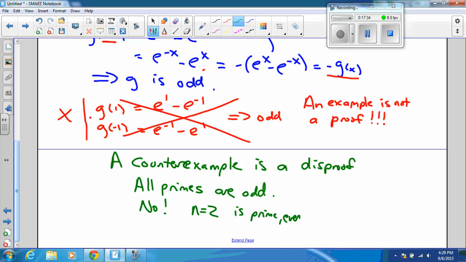It's not odd. And so this n equals 2 provides a good counterexample. And the counterexample disproves the original statement. It shows that that original statement is false because I was claiming something for all primes, and I found one prime that is not odd. It's the only one, actually.